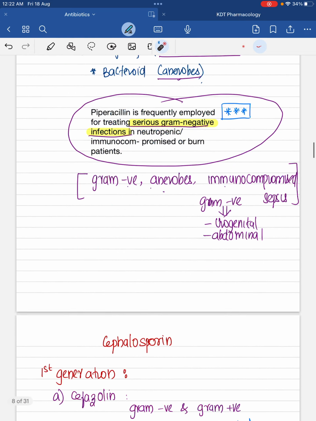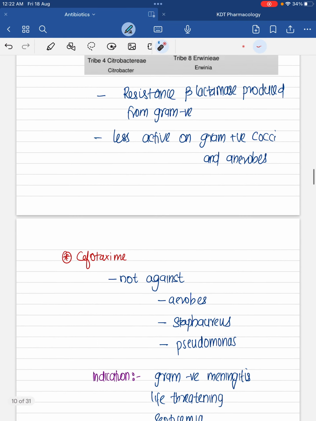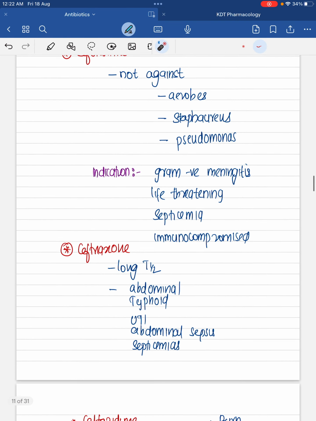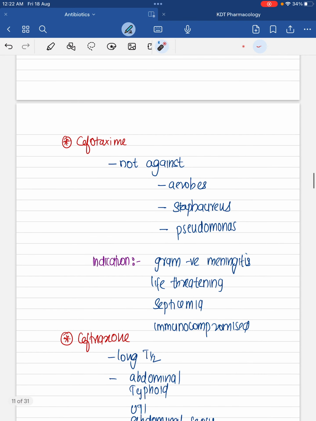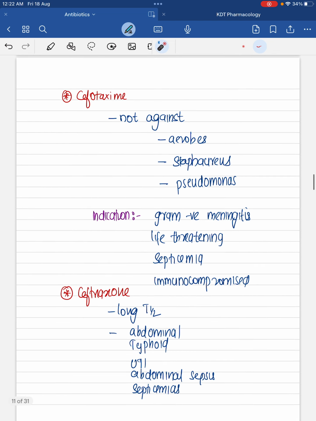So third generation cephalosporins, the examples are cefotaxime and ceftriaxone. They do not have much difference. Both are used as gram negative and gram positive coverage.